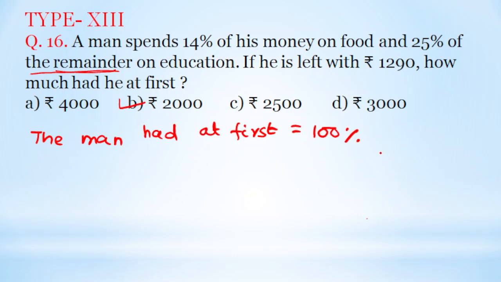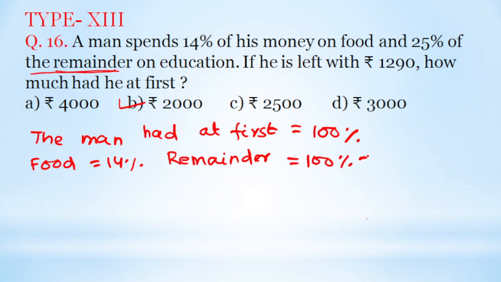So he spends 14% on food. So the expenditure on food is 14%. The remainder is 86%. Remainder is equal to 100% minus 14%, so that is equal to 86%.